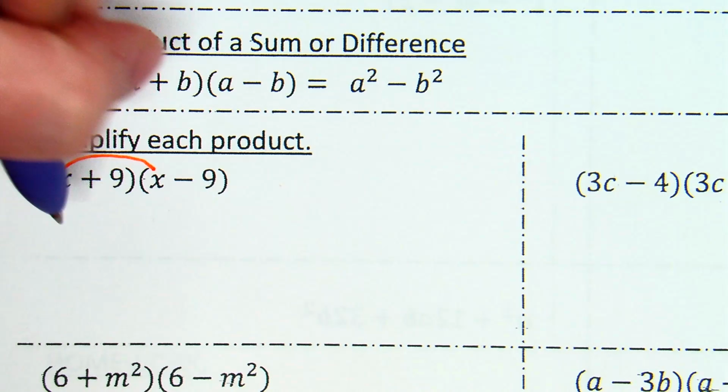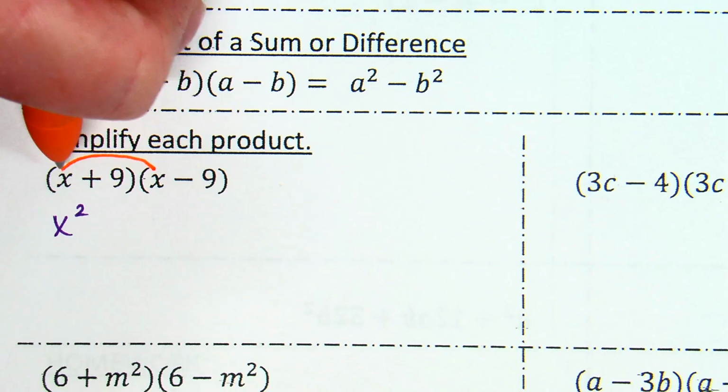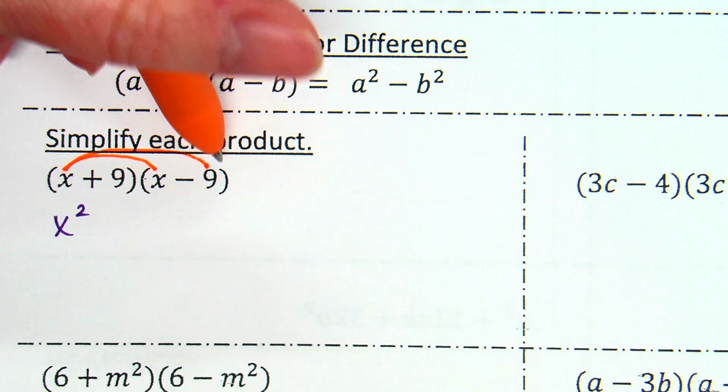X times x, which is x to the second. Maybe in your brain it was right, but you said 2x out loud, so you might have been thinking of the right thing. Okay, so x times x, x squared. Then, officially, we should say x and negative 9. X times negative 9 is going to be negative 9x.